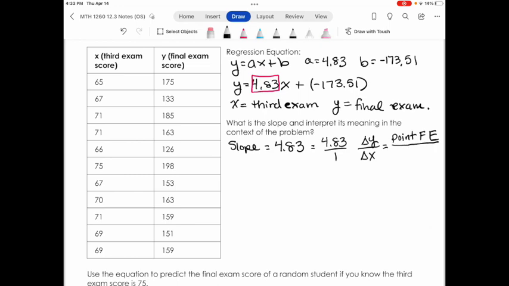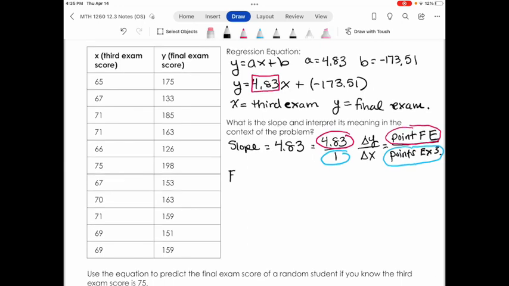And then the change in X, since X represents the third exam score, this is going to be the change in the points for exam 3. So what this is telling me, if I color code this, the change in the points for the final exam is 4.83 when the points for the third exam is 1, and because it's positive, that means it's increasing.